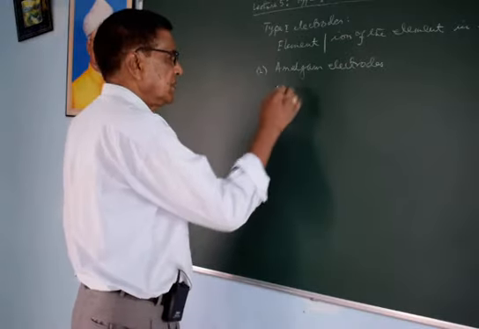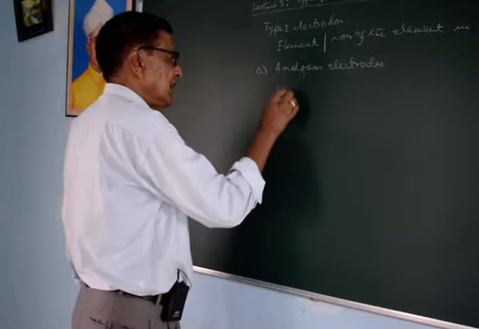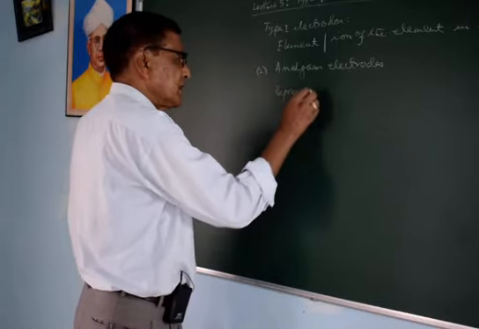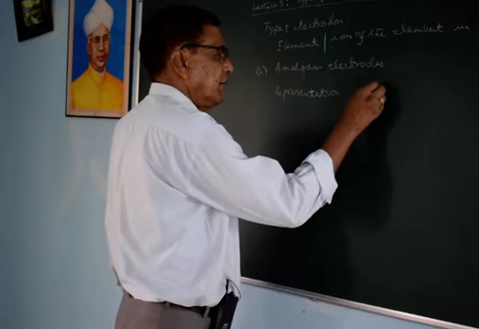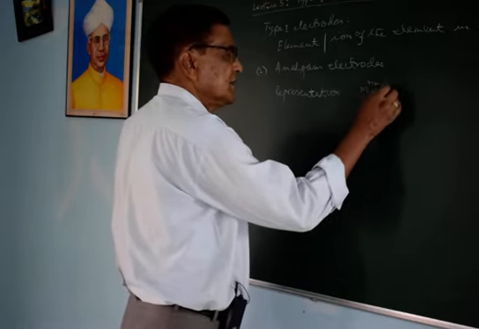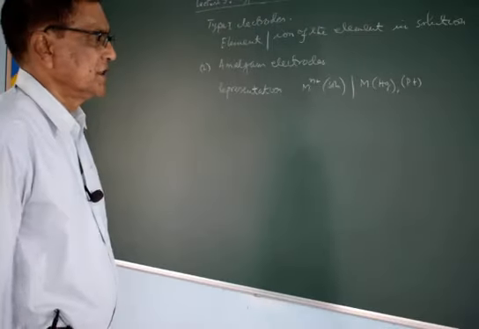For example, I can represent this type of electrode as follows: M^n+ in solution, and M dissolved in mercury, and here platinum, an inert metal, is used for connection.